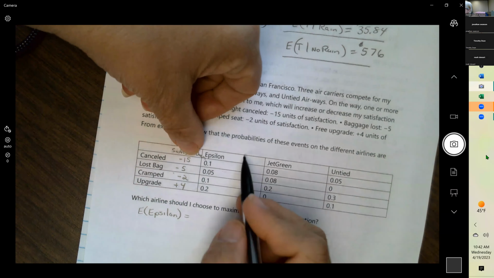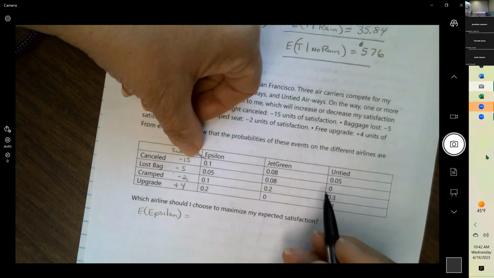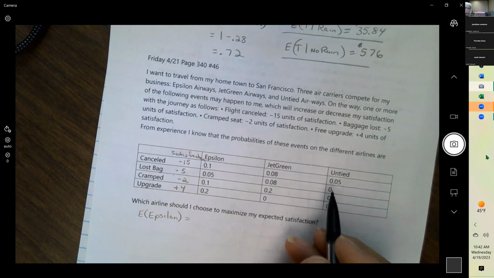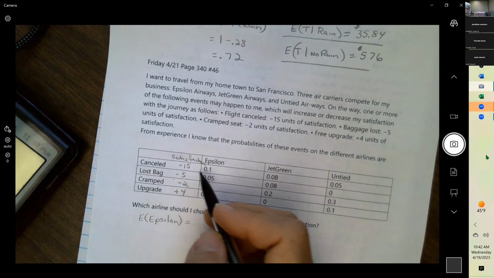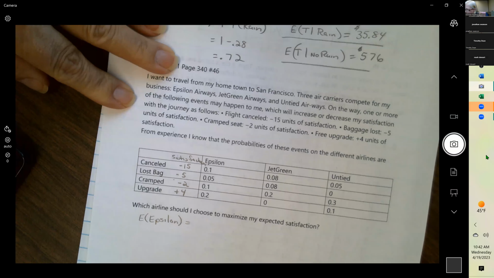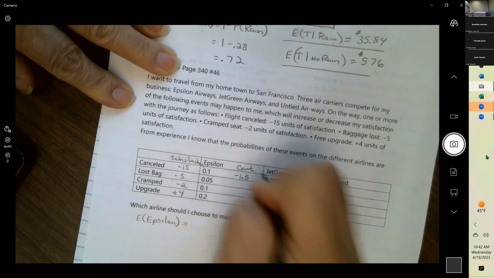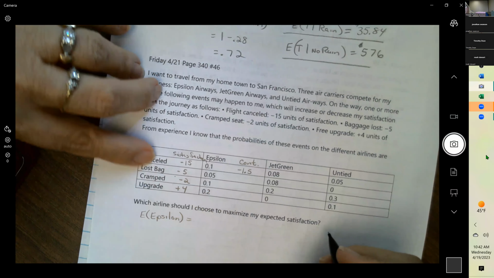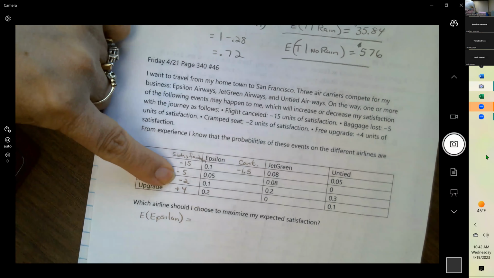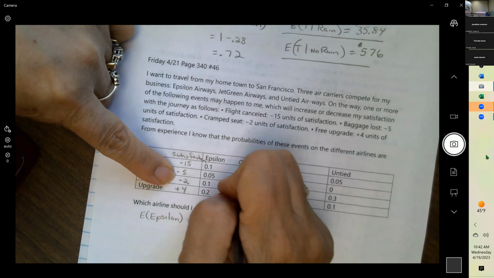It's up to you. There's enough space here. You could actually multiply here and then just have to add them up. -15 times 0.1 is -1.5. So that would be the contribution. -5 times 0.05 is -1/4.